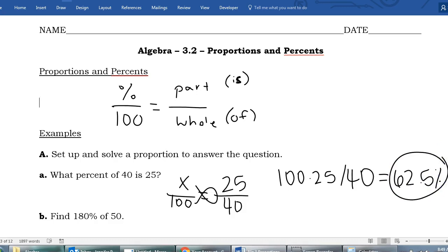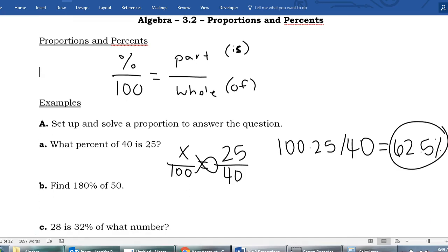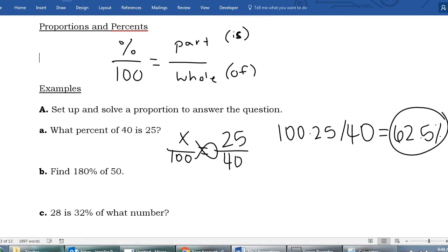Letter B says, find 180% of 50. So we're going to set up our ratios the same way. 180% means 180 is going to go over 100. Of 50 means that's my whole number, so that's going to go on the bottom, and I don't know the part on the top, so now I can cross multiply and divide, and that would be my answer there.